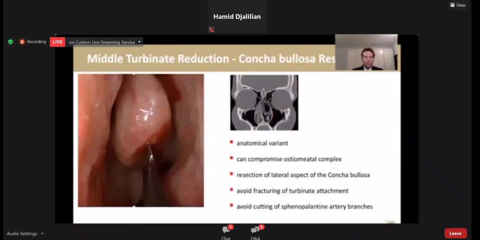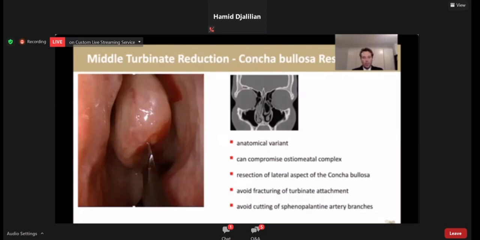The second step would be the narrowing of the middle turbinate. You have the CT scan over here. You know, Concha bullosa is normally an anatomical variant. It's not pathologic. And this anatomical variant can compromise the osteomeatal complex, and therefore a reduction is necessary.